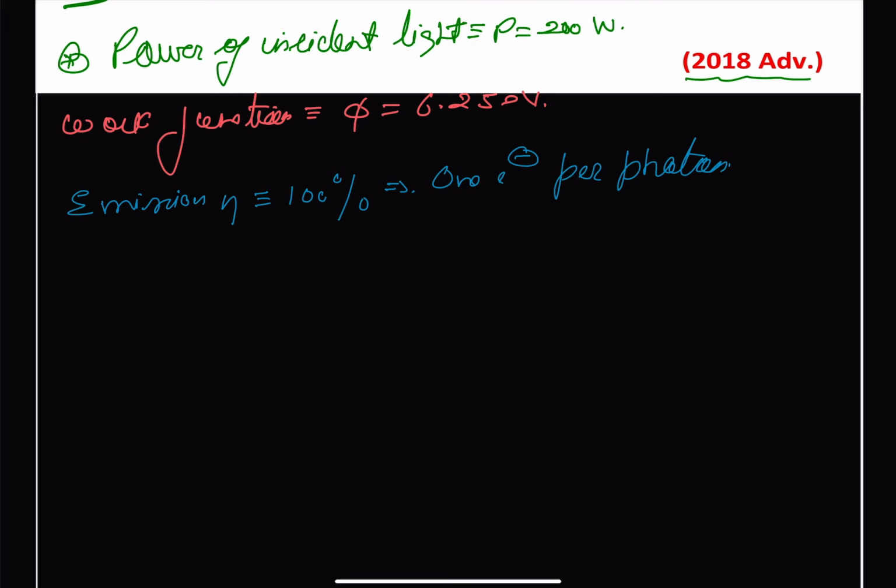Another important part is that the kinetic energy is approximately equal to 0, so electrons are emitted with negligible kinetic energy.